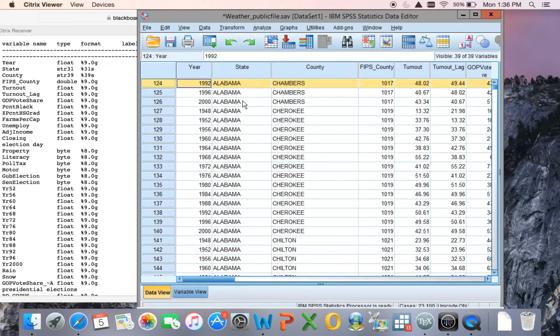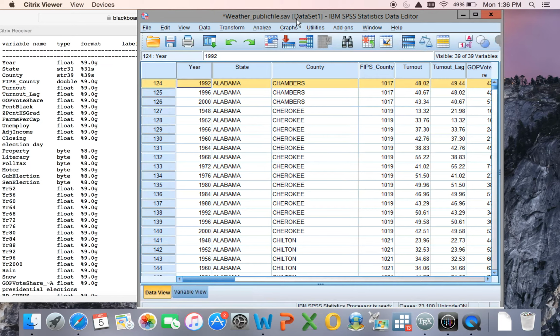So for the 1992 election in Chambers County, Alabama, turnout was 48.02% of the voting age population. In 96, it decreased to 40.67%, and then in 2000, Chambers County, Alabama turnout percentage was 43.34%. So it's looking at the percent of individuals that come out and vote on election day in the presidential election years.